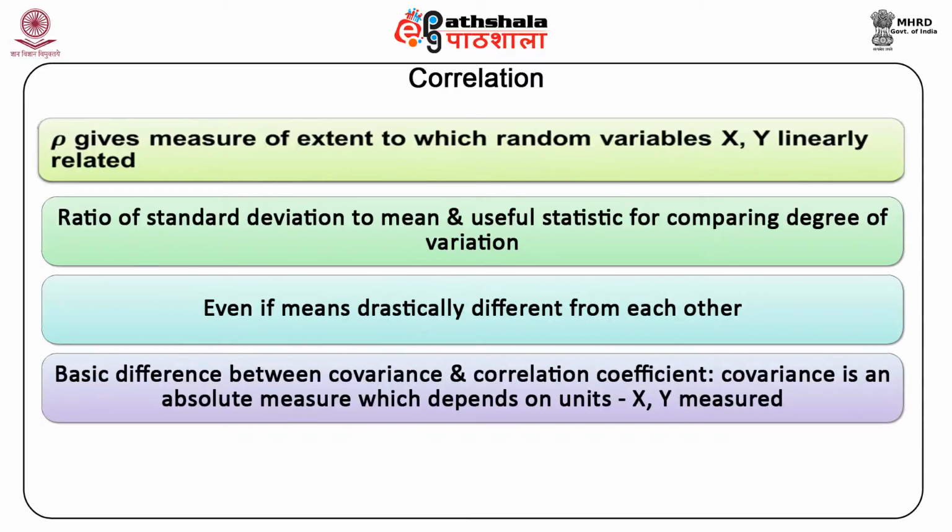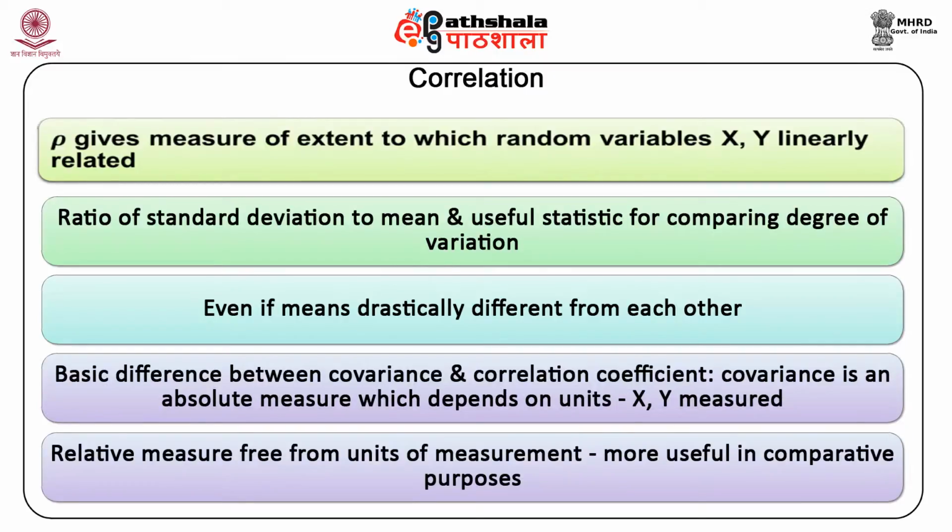The basic difference between covariance and correlation coefficient is that covariance is an absolute measure which depends on the units in which X and Y are measured, whereas correlation coefficient is a relative measure free from the units of measurement and is thus more useful for comparative purposes.